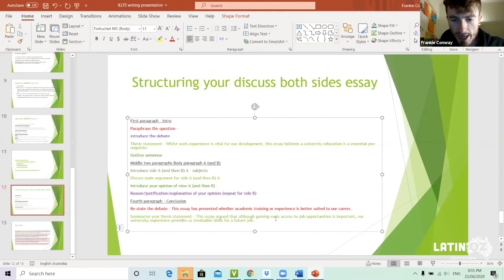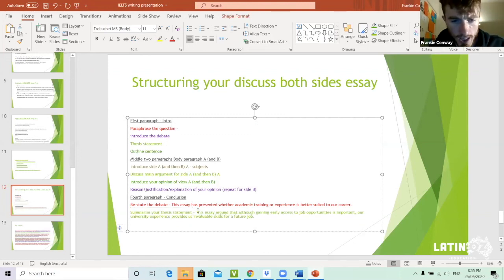So as long as you've paraphrased how you write the thesis statement, it's important to restate it in the conclusion. Okay. Perfect.